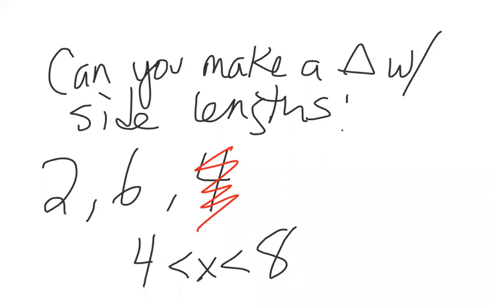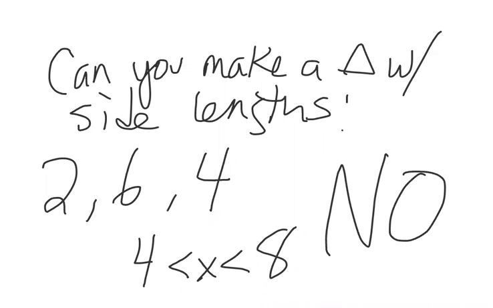So I need a number that's between 4 and 8. Is 4 between 4 and 8? No. It cannot equal one of those numbers. It has to be greater than 4 and less than 8. It can't be exactly the same. Okay. So that's the next bunch.